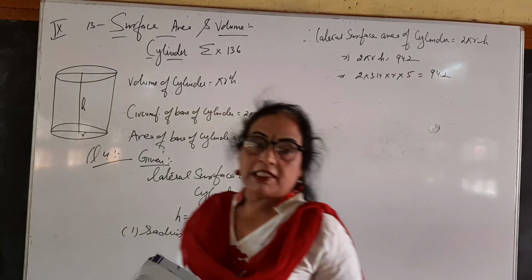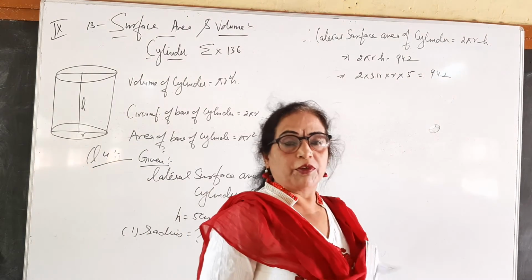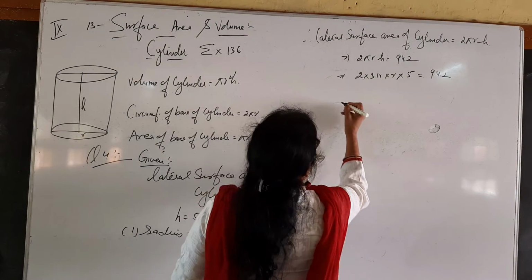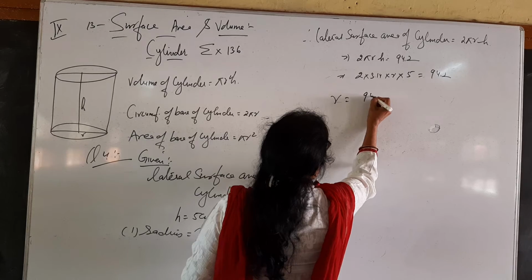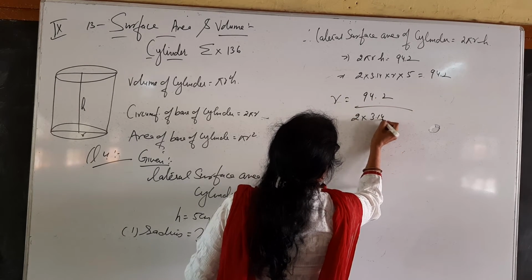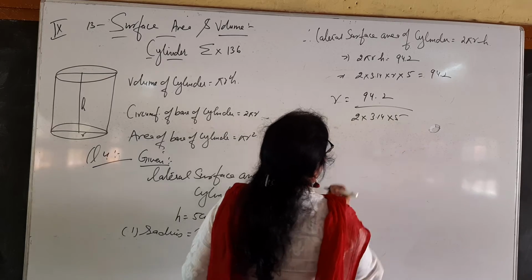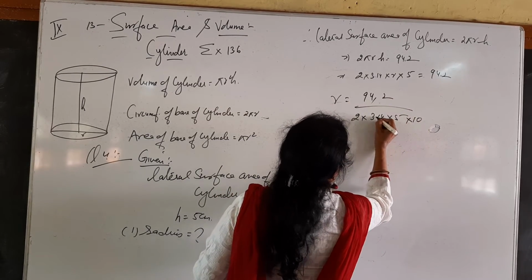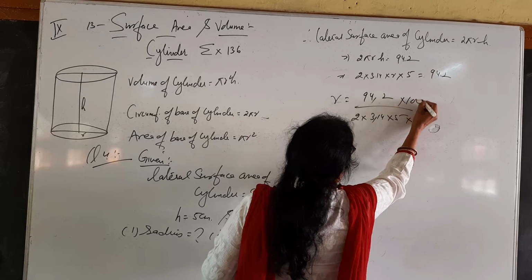Here the value of pi is given 3.14, so in place of 22 by 7 we will use 3.14. Now r equal to 94.2 upon 2 into 3.14 into 5.